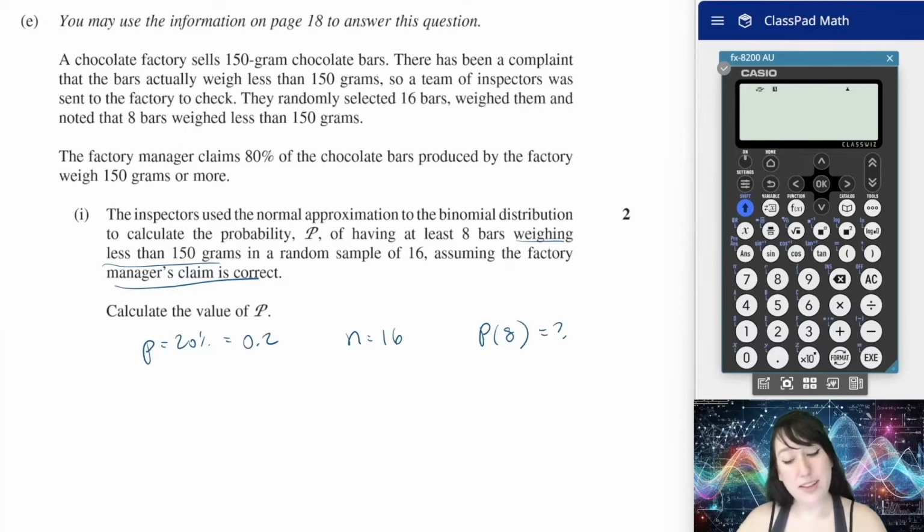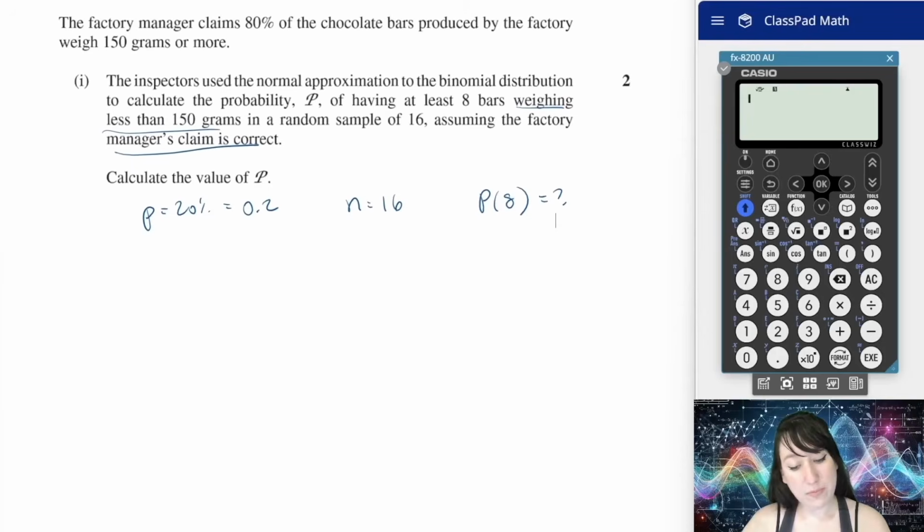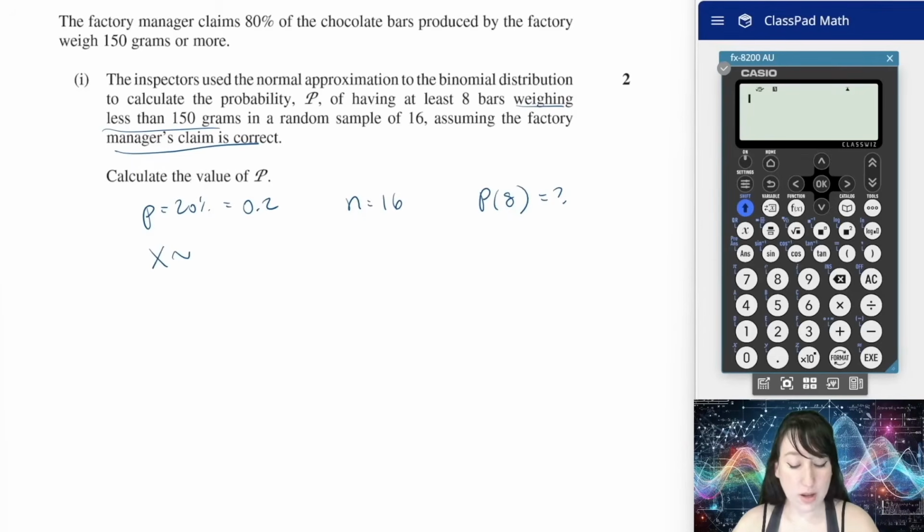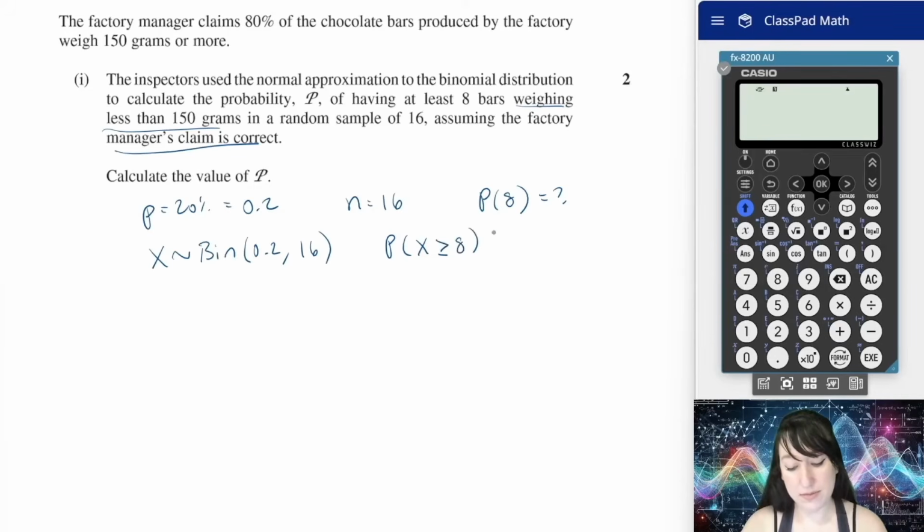All right. Let's say we have a random variable called x, which is the number of bars weighing less than 150 grams in a sample of 16. So x would have a binomial distribution, p 0.2, and 16. And we want the probability that x is at least 8, so greater than or equal to 8.